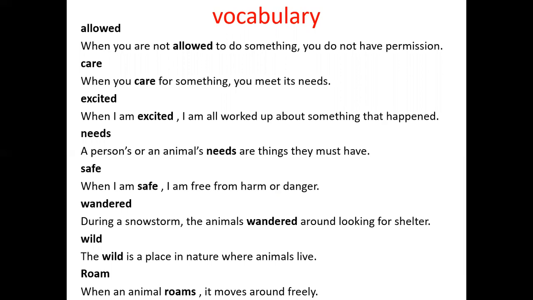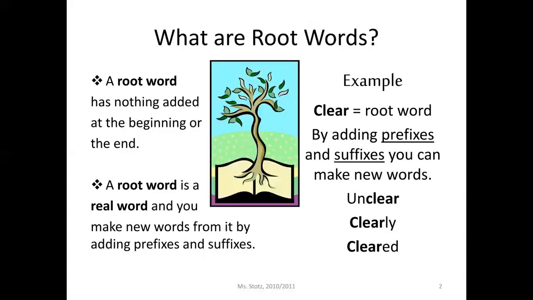Wandered means to move across the area or to walk slowly across the area. Wild is the place where people don't live or where the animals live. Roam means to walk freely in an area, or to walk here and there in a place.